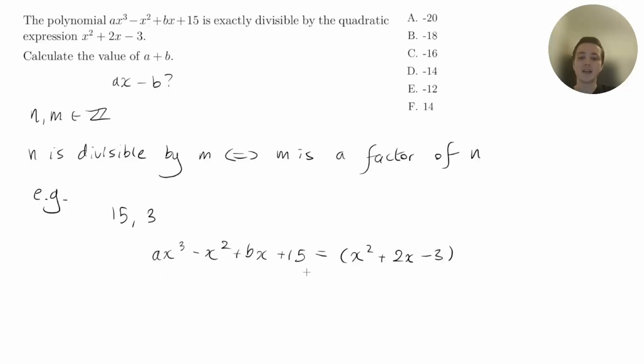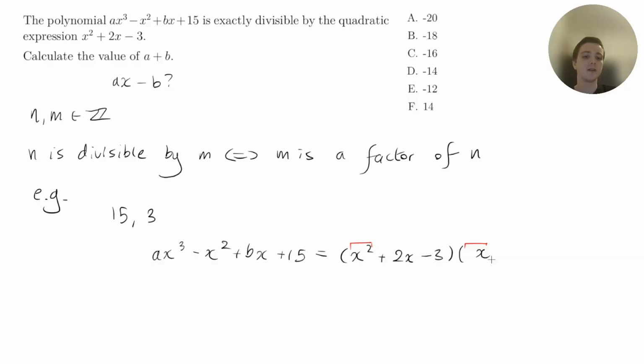Now, since we have a cubic on the left and a quadratic on the right, we know this is going to be a linear term over here. So it's going to be x plus or minus some constant, and we can actually figure out what the coefficient of each of these terms are.